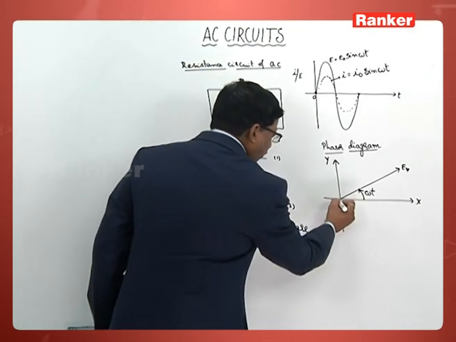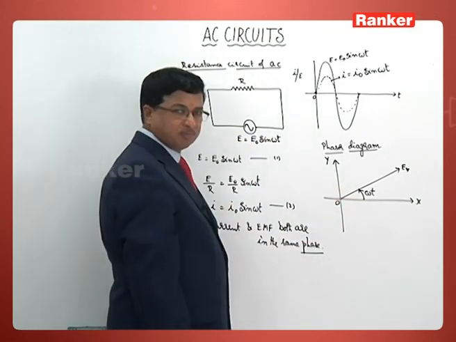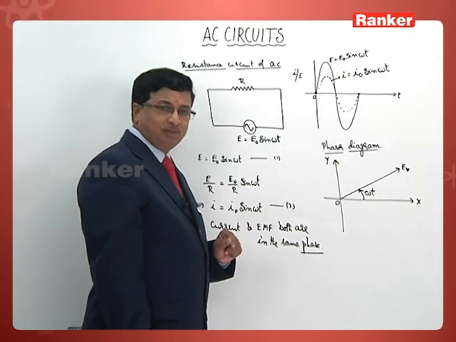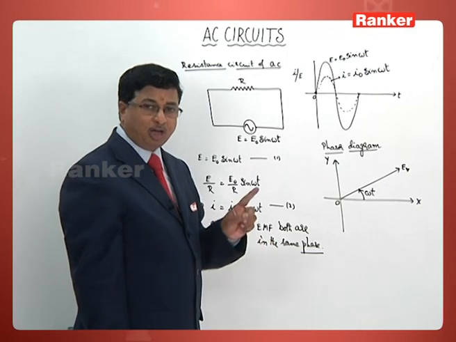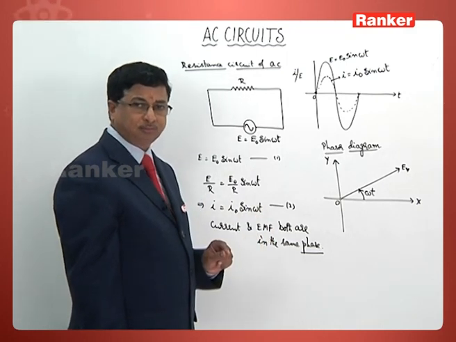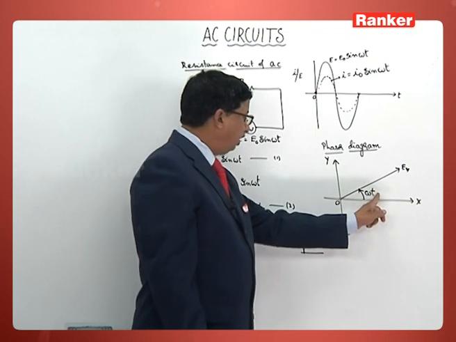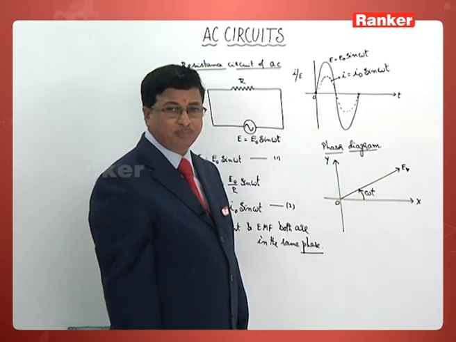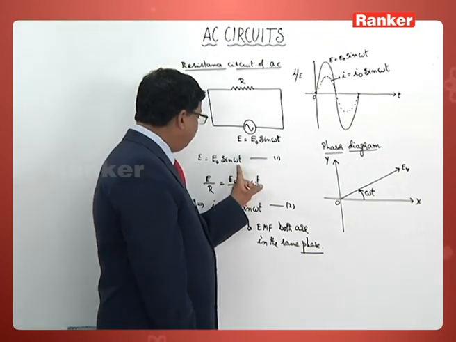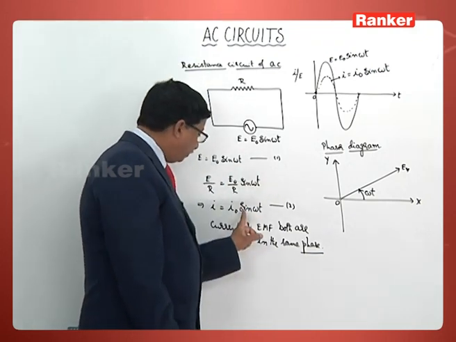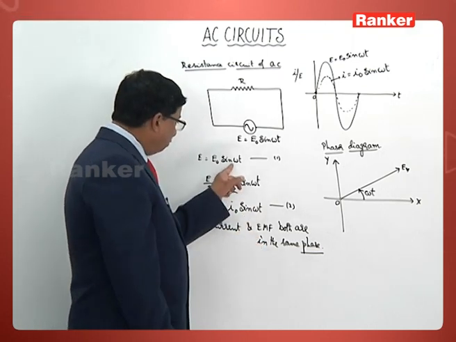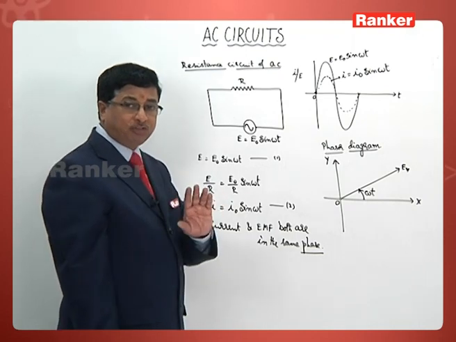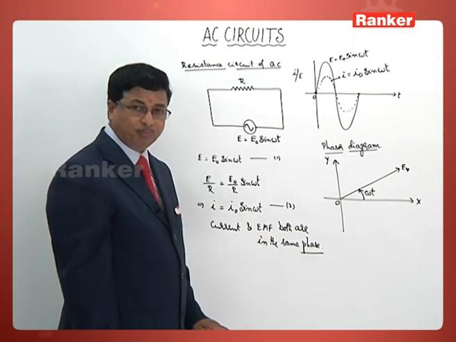So according to this pure resistance circuit, the virtual value of EMF, which of course is also called RMS value of EMF, can now be at an angle omega t with respect to the horizontal. And we know pretty well in the case of the second equation, both have the same phase. There is no phase change or difference between them.